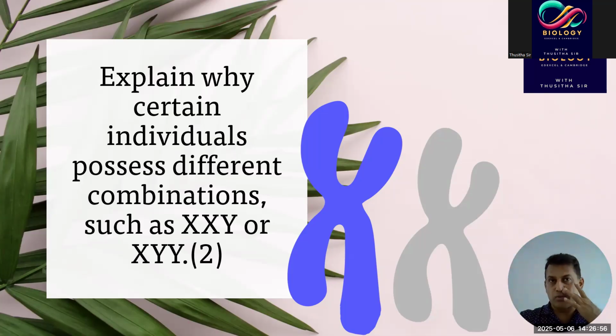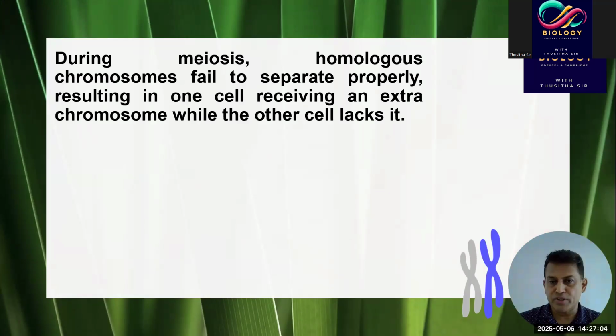That's 47 chromosomes, because it is unable to separate during meiosis. So during meiosis, homologous chromosomes fail to separate properly, resulting in one cell receiving an extra chromosome while the other cell lacks it. When one cell gets two, the other cell doesn't get one.